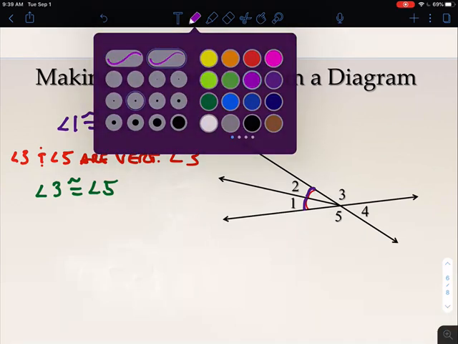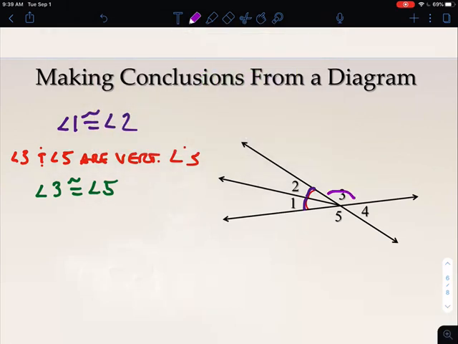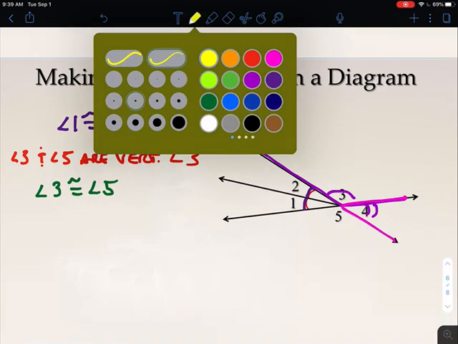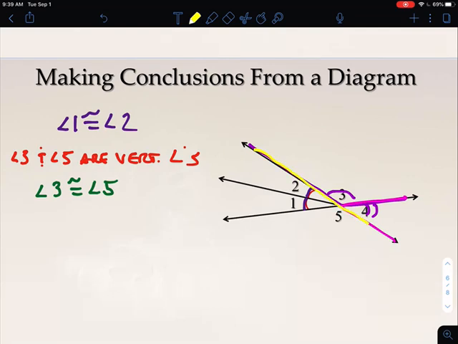Other things that we could definitely say here. Besides that, I noticed that I have angle 3 and angle 4 here. If I highlight those angles, angle 3 and angle 4 make a nice, perfect straight line, which means angle 3 and angle 4 are supplementary.